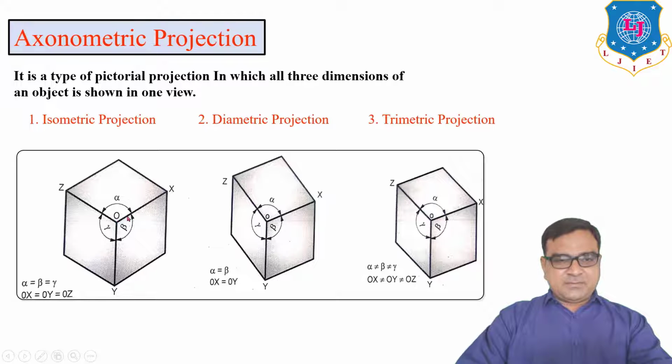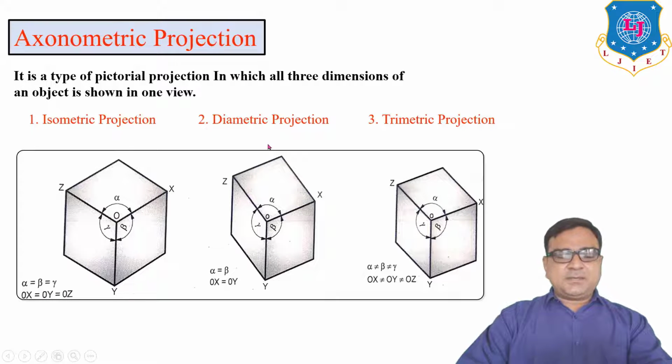Meaning the lines OX, OY, and OZ: the angle between OX and OY is beta, ZO and OY gamma, and OX and OZ alpha. So the angles alpha, beta, and gamma are equal, and the lengths of OX, OY, and OZ are also equal.